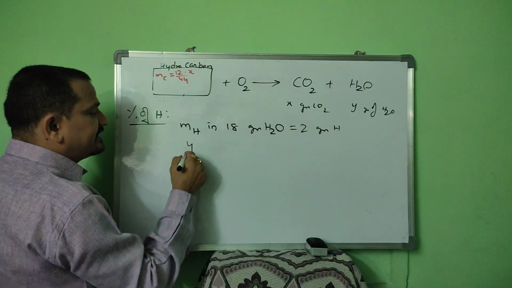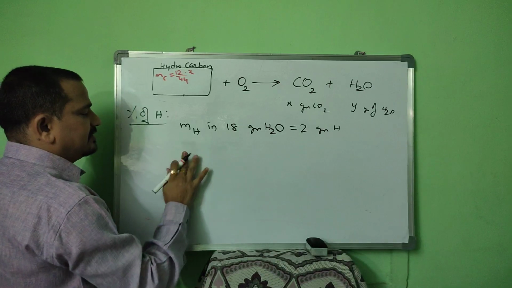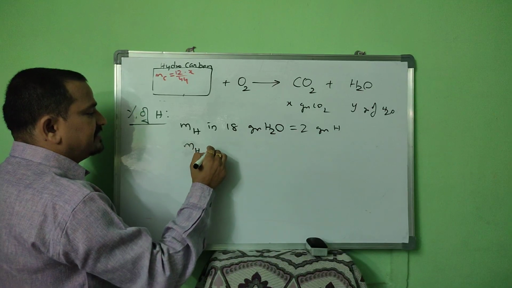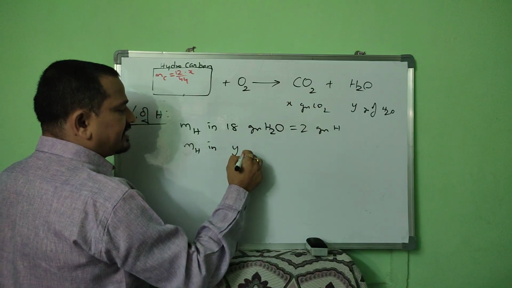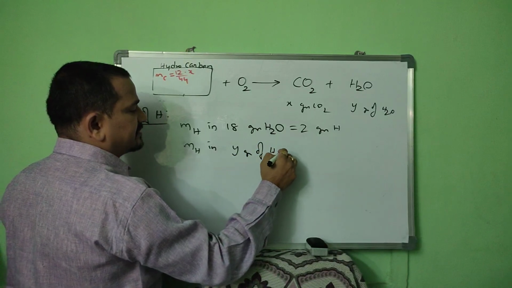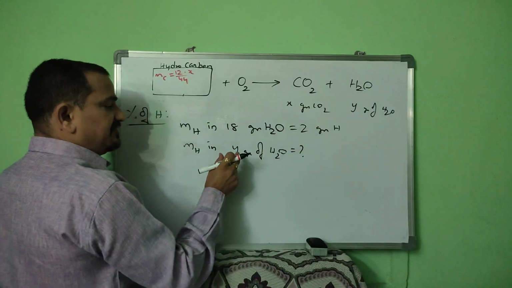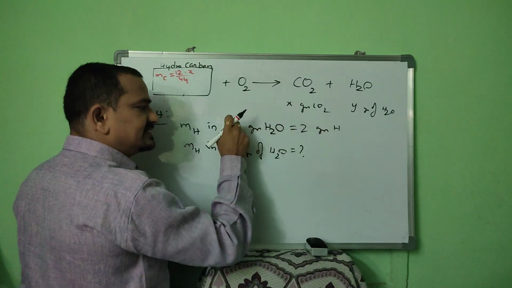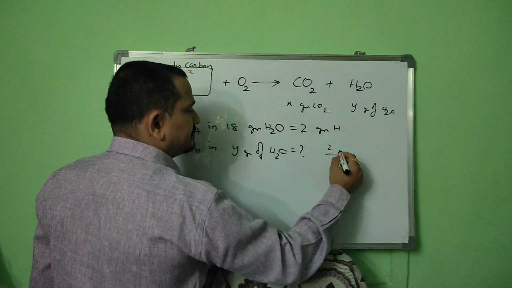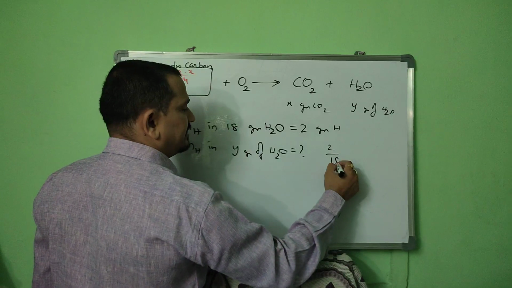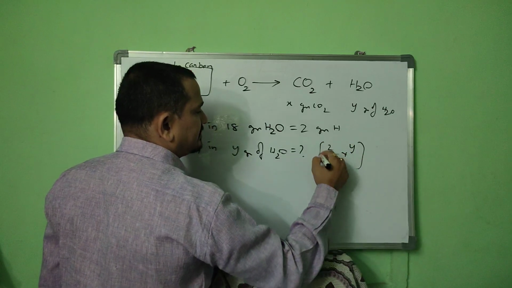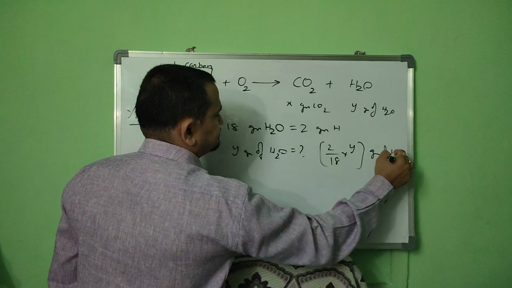the mass of hydrogen in our obtained y grams of water vapor is how many? When 18 grams has 2, then y grams has how many? Again, crisscross: 2 by 18 into y grams of hydrogen.